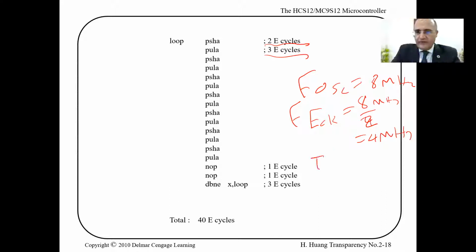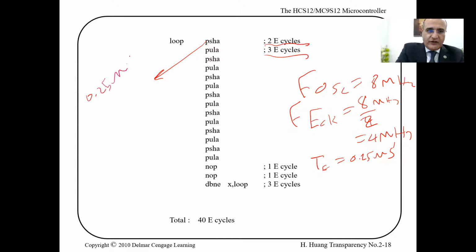So the time for the E cycle equals 0.25 microsecond. This instruction will consume 0.25 microsecond times 2, which equals 0.5 microsecond. This one will consume 3 cycles, 0.75 microsecond.